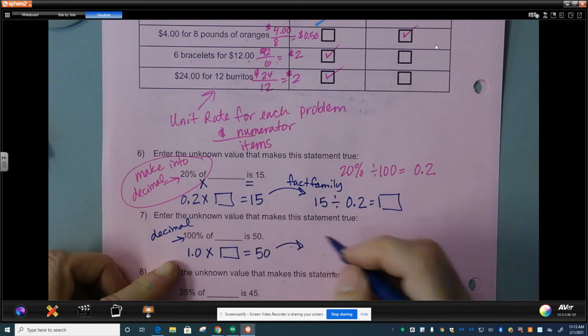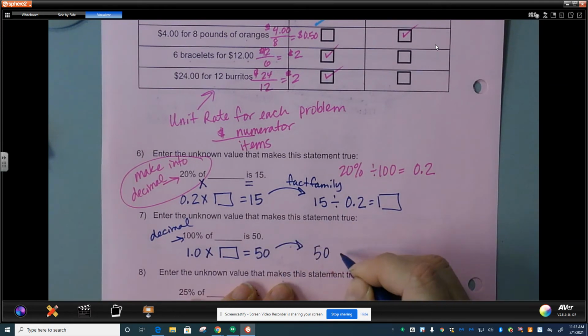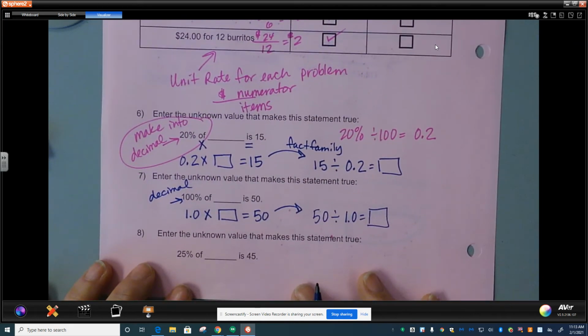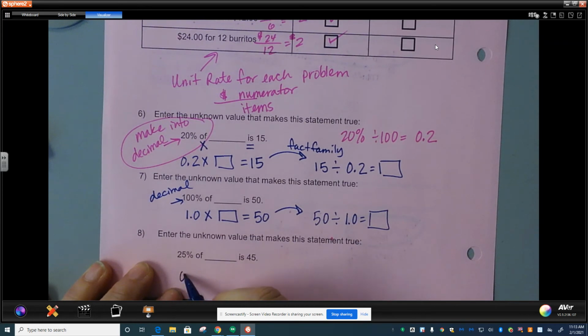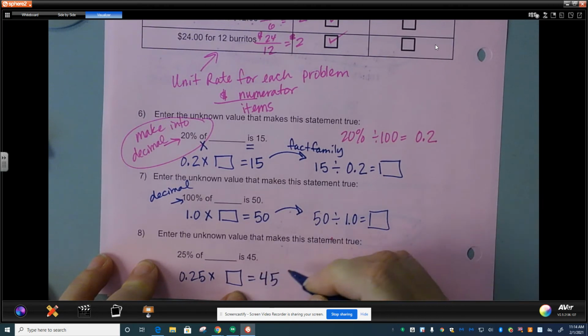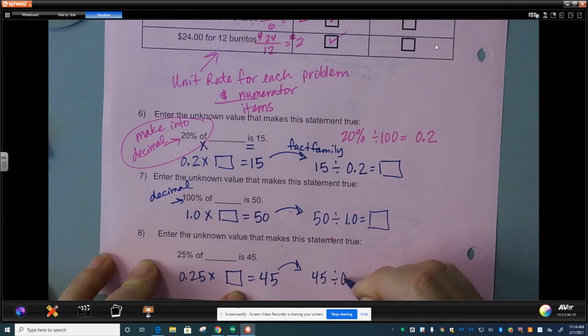So rewrite using your fact family becomes 50 divided by 1.0. Same pattern, 0.25 times empty box equals 45. Fact family, 45 divided by 0.25. Remember to pause the video, use your calculator, find the rest of those answers.